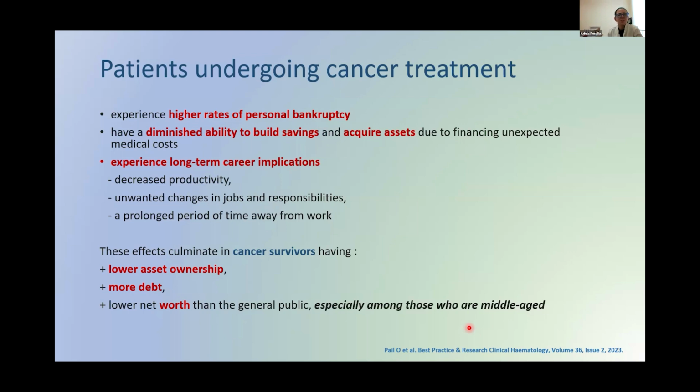So these are the main factors that the patients have this personal bankruptcy. And also they culminate when we have the survivors, because they have lower asset ownership, they have more debts they face, and mostly that's seen in the people that are middle-aged.